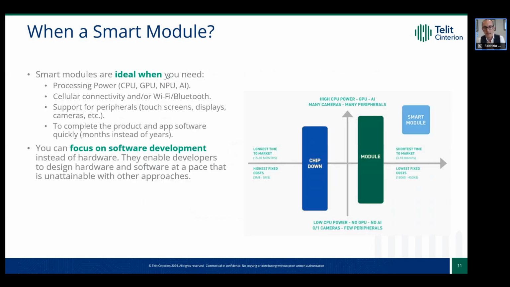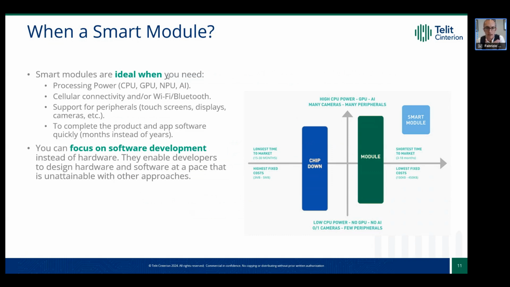Finally, here I want to give you still another perspective. In the x-axis, on the right, we have the shorter time to market and the lowest fixed cost. In the left part, the longest time to market and the highest fixed cost. In this image, let's say the most important thing is the y-axis.